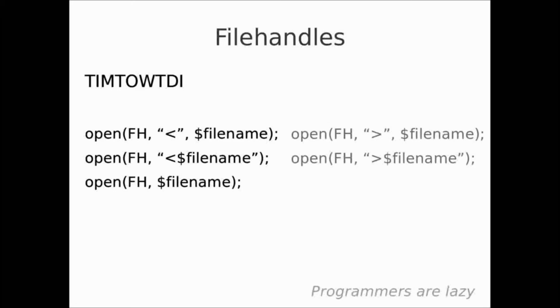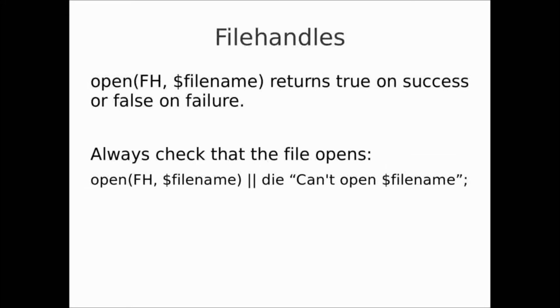When we open a file, it's really important that we want to know, did the file open? Was that successful? If we have a whole bunch of data to write, we don't want to start writing our data out until we're sure we've got an open file handle. And open file handle file name returns true if it's successful. And so one of the most common ways of opening a file is to use this structure that's shown here.